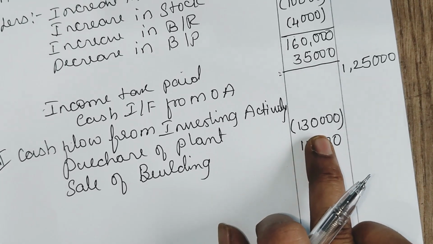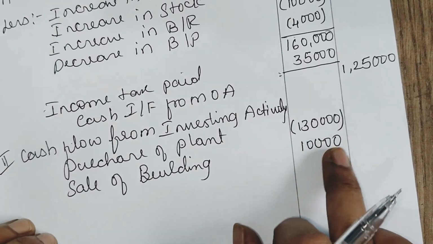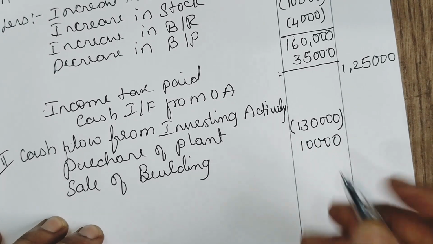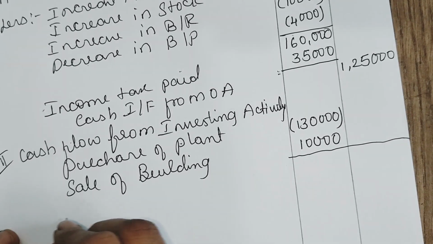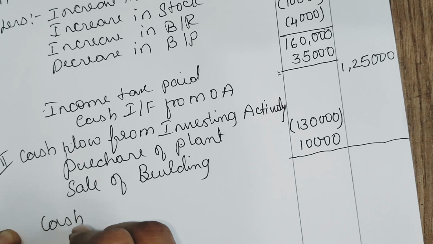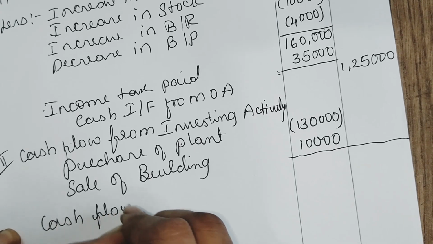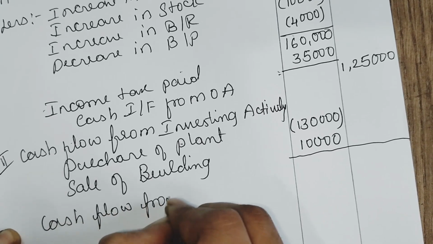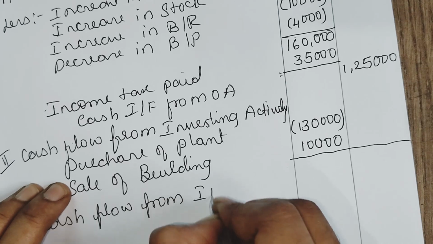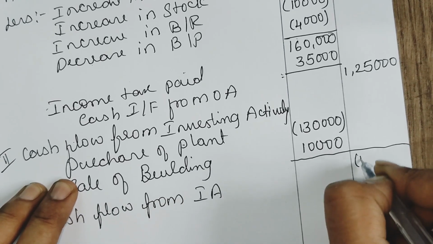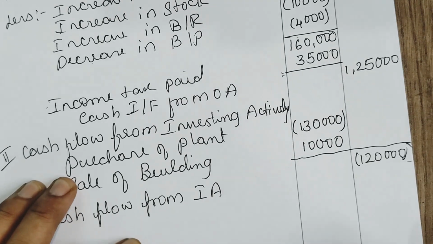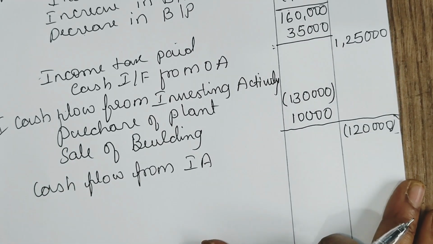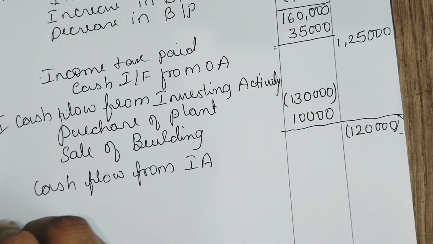Purchase means cash is going out, that is why it is minus. Sales means cash is coming in, that is why it is add. Cash flow from investing activity minus 1,20,000. 1,20,000 negative balance.